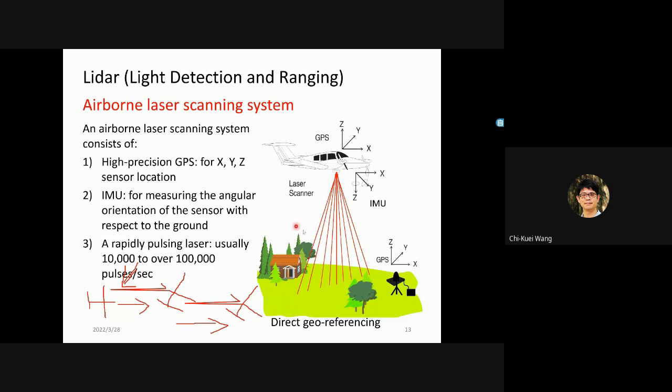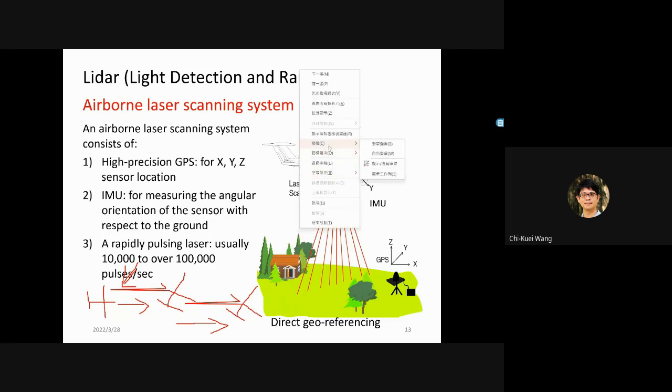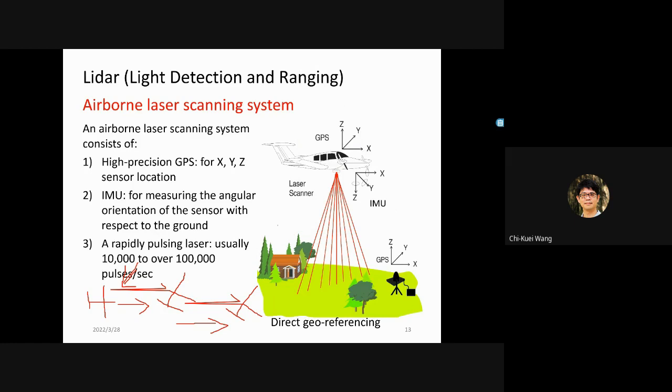So let me draw a little bit here. If I have my bridge here, my pillars here, I can actually scan. If my flight design is appropriate, I can see beneath this bridge.